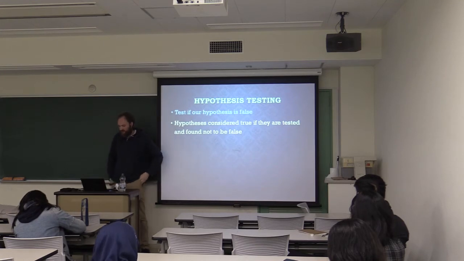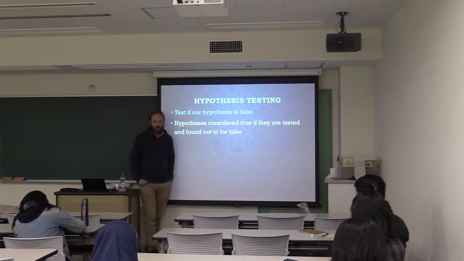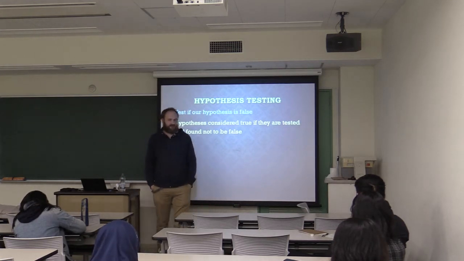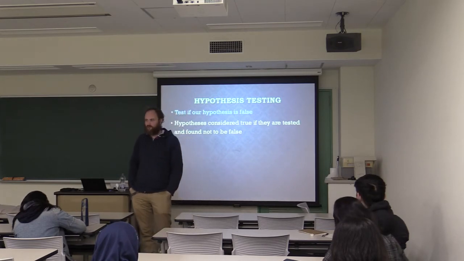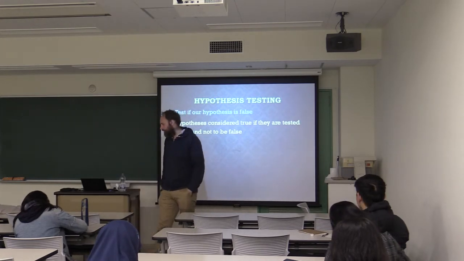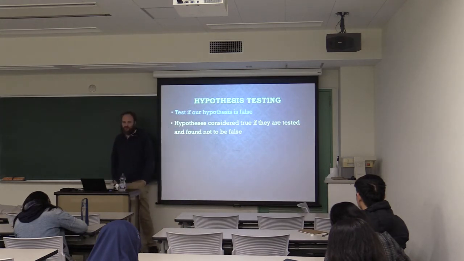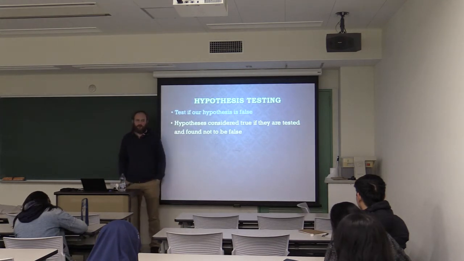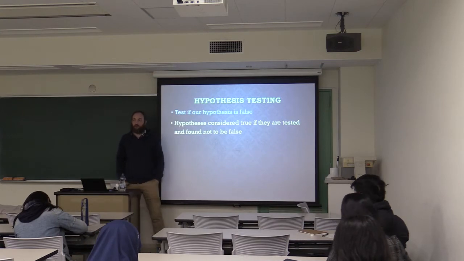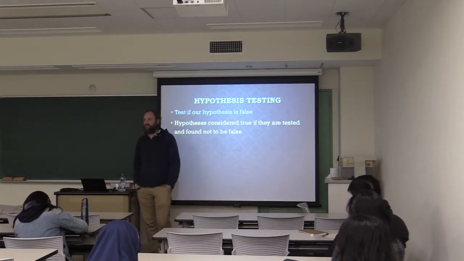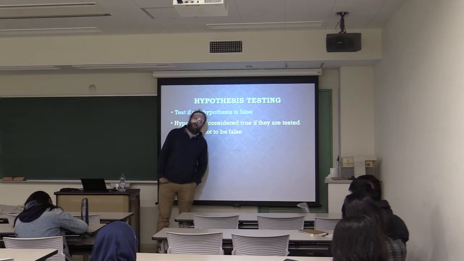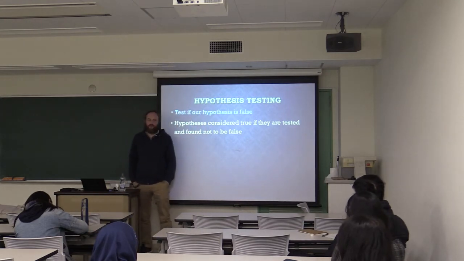Now, we consider hypotheses to be true if we test them and we cannot falsify them. So let's imagine that we say all swans are white, and we go out and look at our local pond and all the swans there are white.